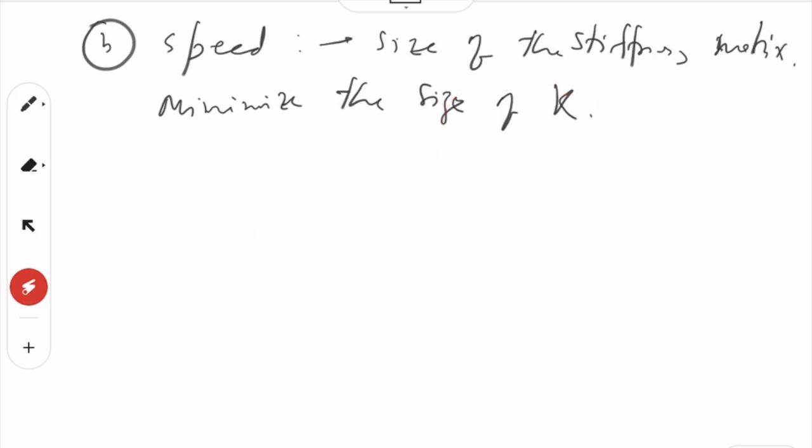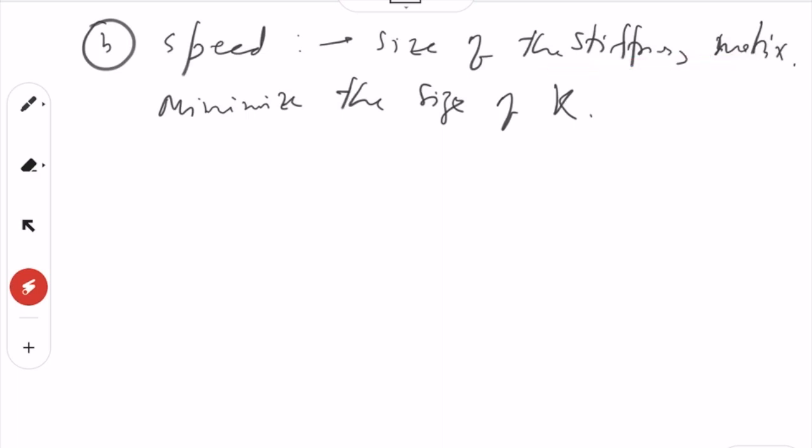Even when you are working with pen and paper, you know that the one which has 20 lines will be more difficult to solve, so it will take more time. If you had just one polynomial, it is much easier and much faster, right. The size of the stiffness matrix I will come back to later, maybe next week.